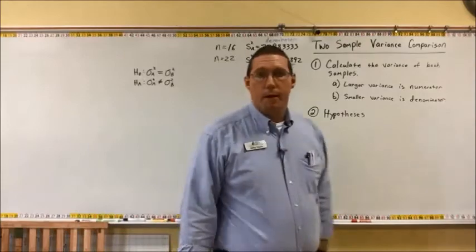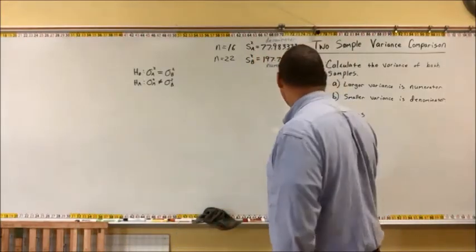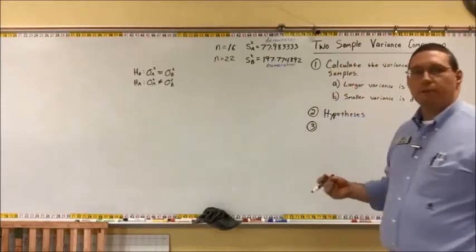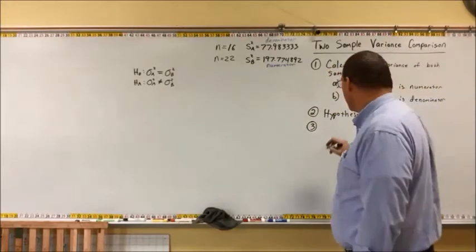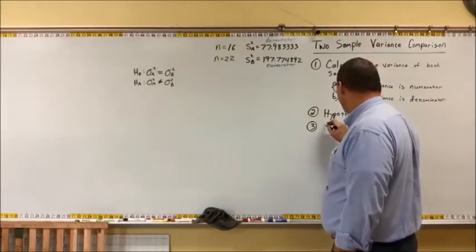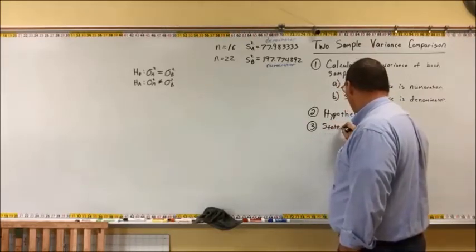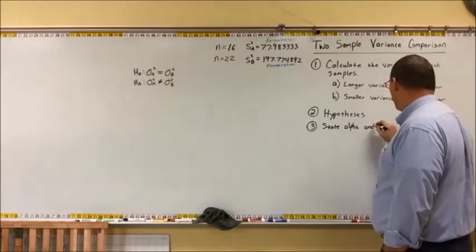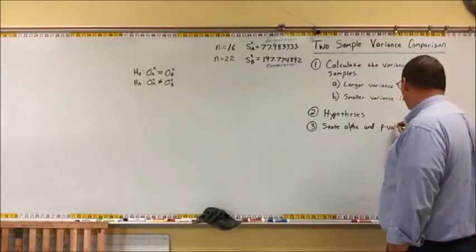All right? And so now, step 3, we know that it's going to be a two-tailed test, so we're going to skip that step. Step 3 is state the alpha and the p-value. Okay?